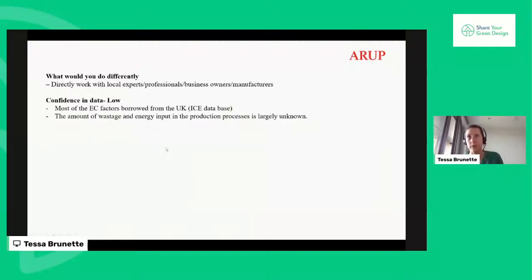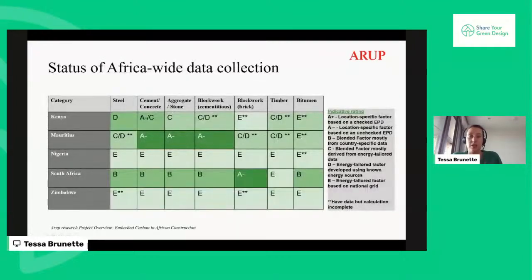Also, that's because the amount of wastage and energy input into the production process was largely unknown, because we couldn't gather that data. So if we put that alongside our Africa-wide interrogation, you'll see that much of our confidence in terms of the various materials across the countries is quite low.